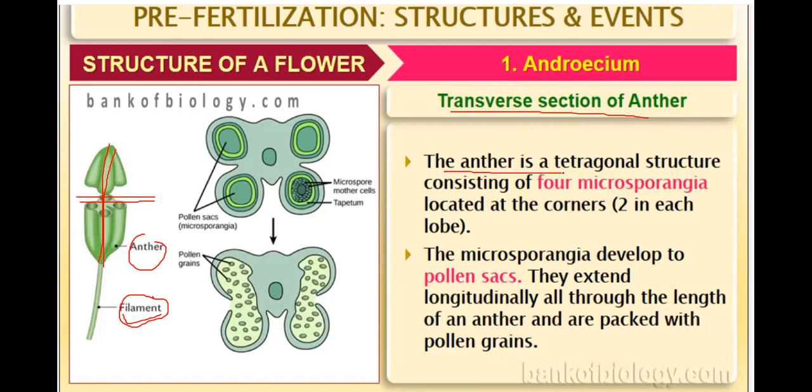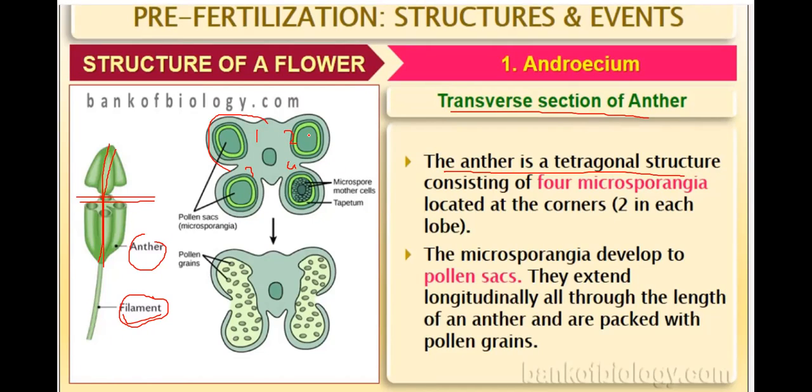So the anther is a tetragonal structure. There are four corners: 1, 2, 3, 4. Therefore, it is a tetragonal structure consisting of 4 microsporangia located at the corners, 2 in each lobe.